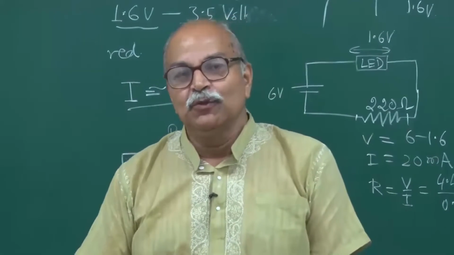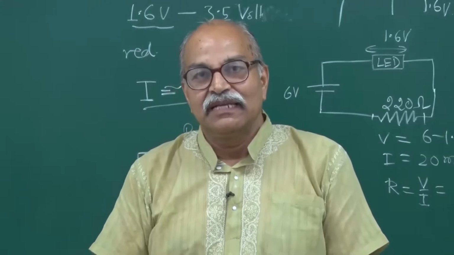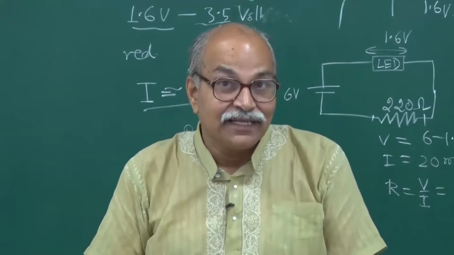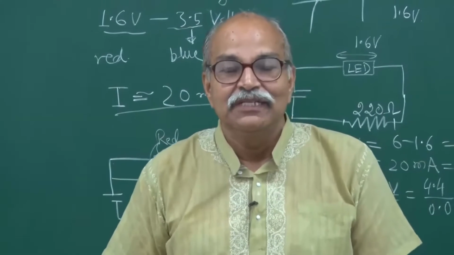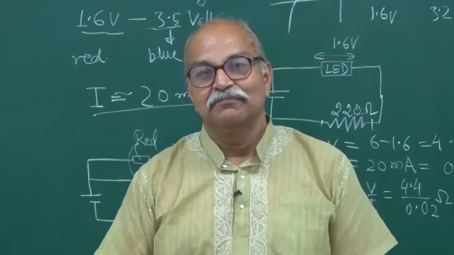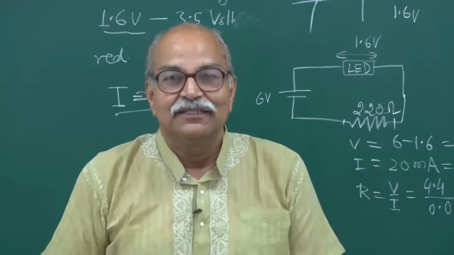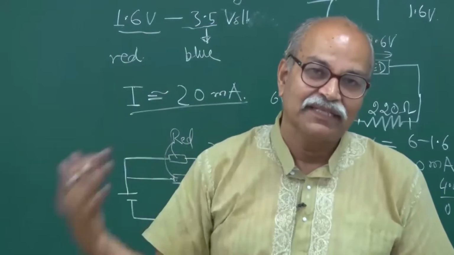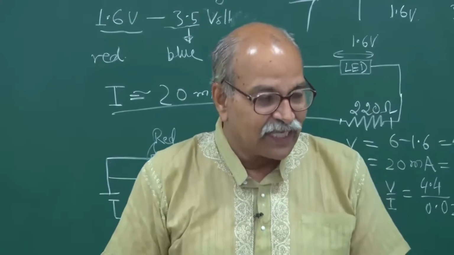Now let me go to another kind of specialized application of the PN junction, and that is the solar cell. Another kind of diode which is very popular. Everyone knows solar panels, everyone sees solar panels here and there. Stations are being powered by solar panels, and everywhere solar panels are coming in a big way.